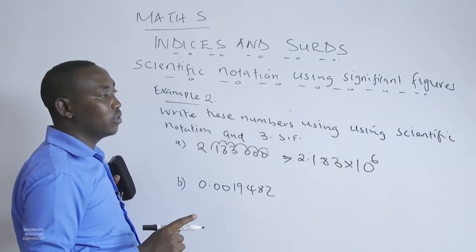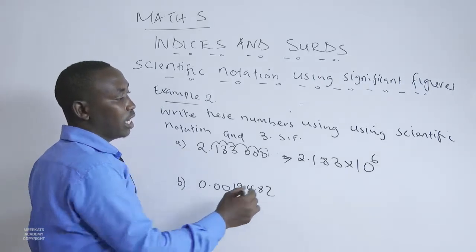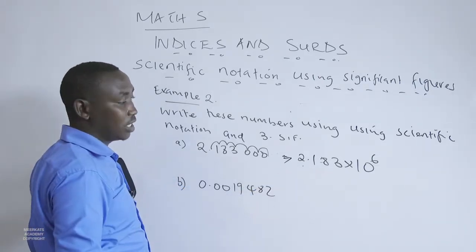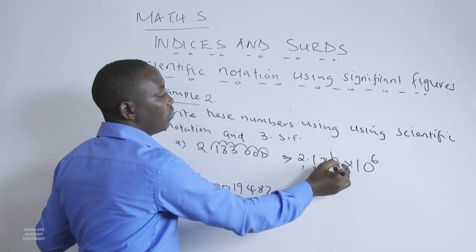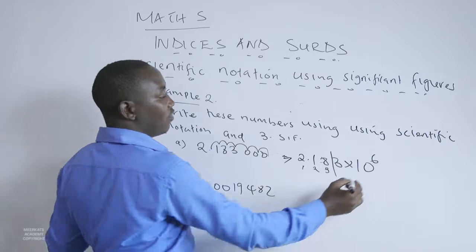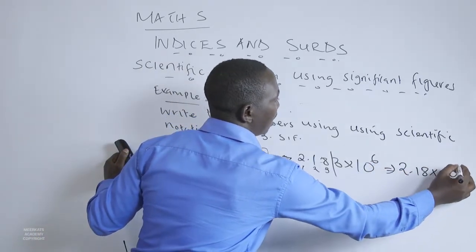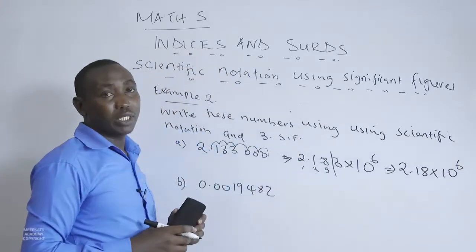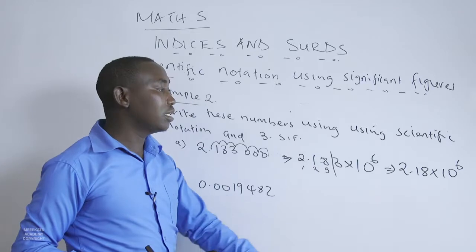Remember, the question wants us to write it correct to 3 significant figures. So you count from your left: 1, 2, 3. The other digit, which is 3, does not affect 8, and therefore this will remain as 2.18 times 10 raised to positive 6. Now this is correct to 3 significant figures.